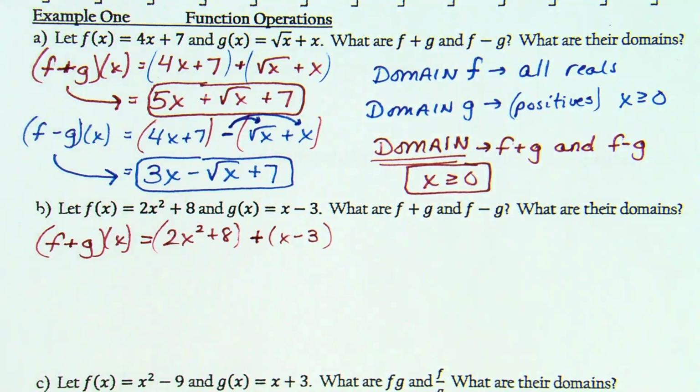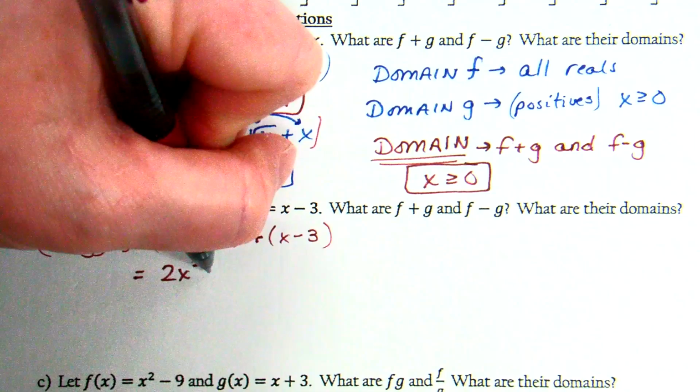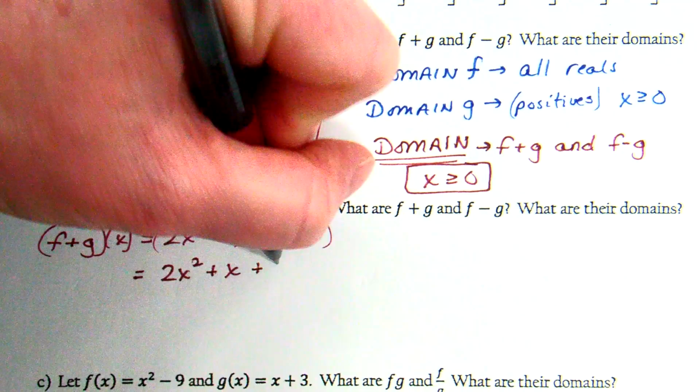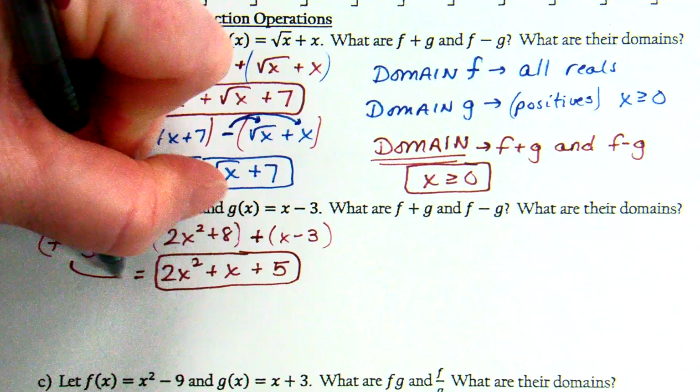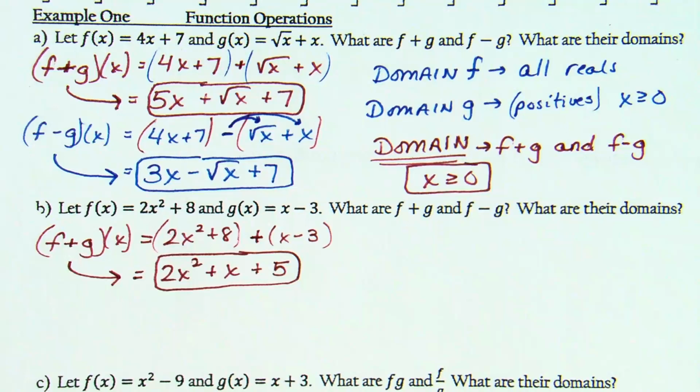Yeah, what can I clean up? 8 and 3. What's that 8 and 3 going to become? 5, because it's an 8 minus 3. So this cleans up to be what? 2x squared plus x plus 5. That is your f plus g. Just adding like terms. And if there's nothing to add, you just write the pieces down.